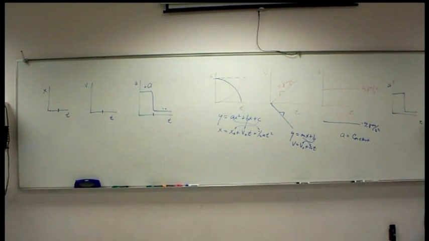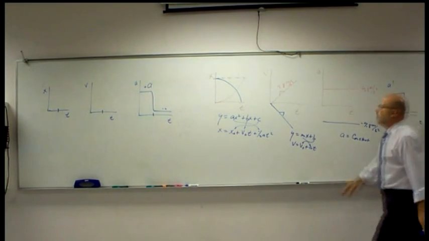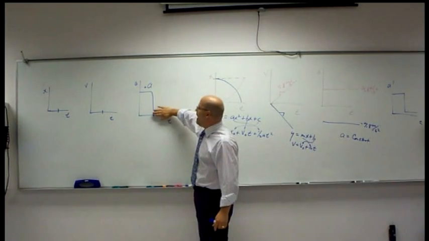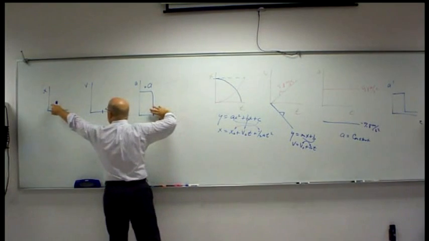Sketch what the velocity versus time and the displacement versus time will look like. Don't be stumped. If you just had this graph, what would it look like? What would this and this look like?